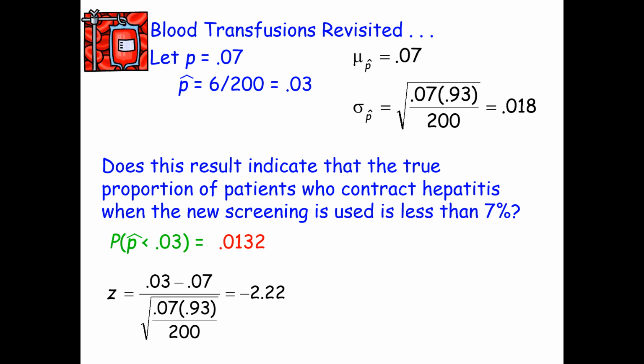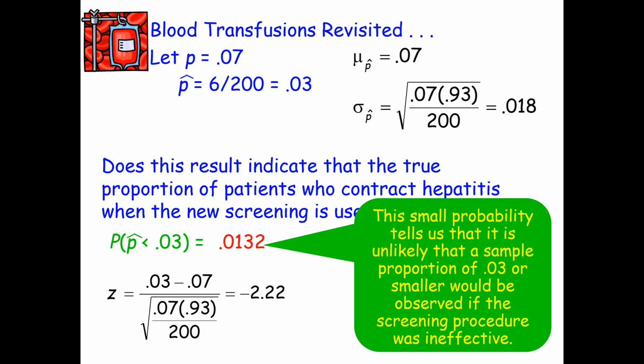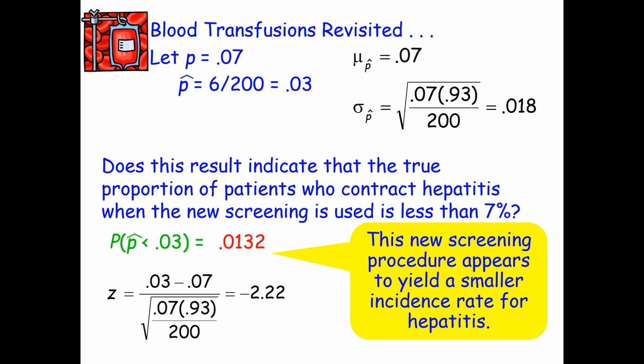So here we're saying that we have a 1.32% chance. Now, this small probability tells us that it is unlikely that a sample proportion of 0.03 or smaller would be observed if the screening procedure was ineffective. So this new screening procedure appears to yield a smaller incident rate for hepatitis.